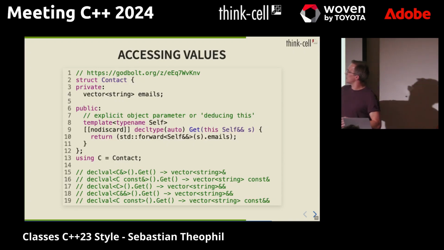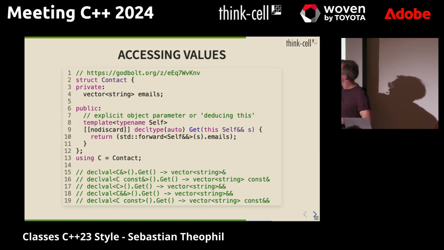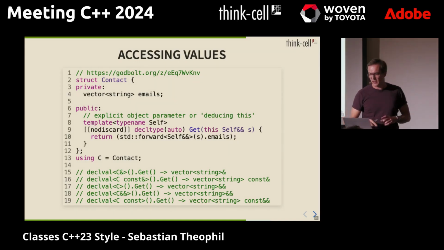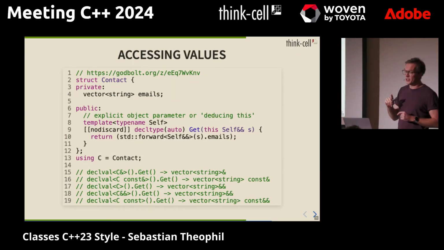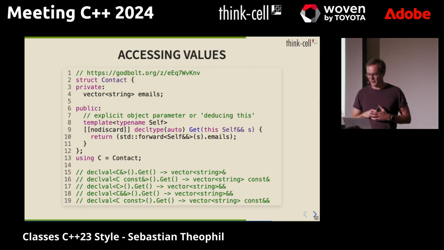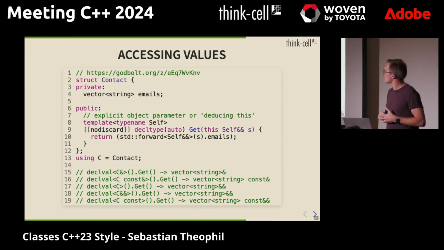It looks like a templated function that takes an argument self, and this self is a forwarding reference. But now we have this magic keyword this that tells us this argument will bind to the this pointer. So it's the usually hidden first argument to any function, the this pointer.